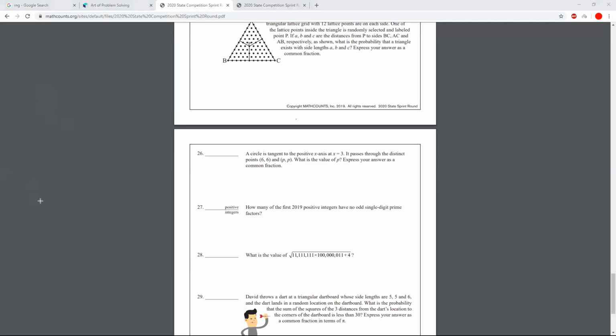Okay, so let's just draw the coordinate system first. So it says a circle is tangent to the positive x-axis at x equals 3. So let's just draw a circle. Whoa, this looks cool. Shoot, wait, let me redo that.